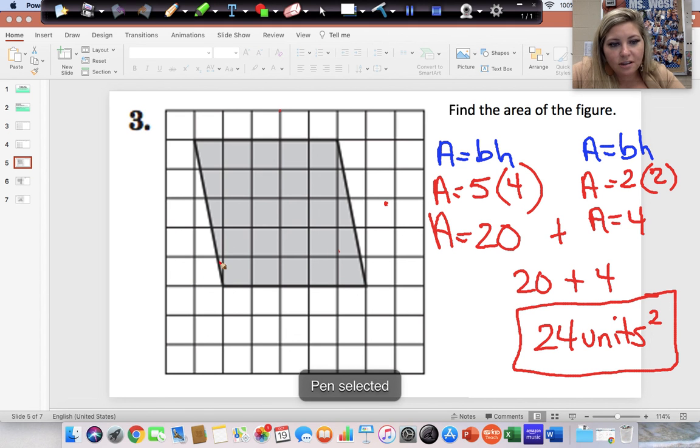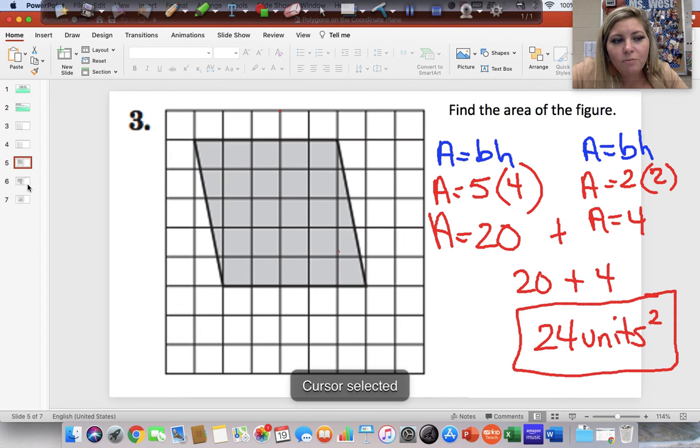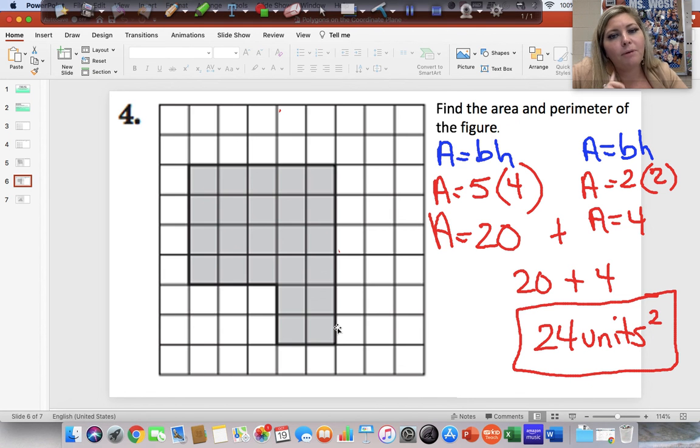This one is just a little bit filled. So it's hard to say, oh, that's 0.3 tenths filled. We can't say that because we don't know for sure that it's exactly 3 tenths. So always do base times height when it's a parallelogram. And usually for squares and rectangles, that's going to be most beneficial as well. Okay, so the area is 24 units squared.